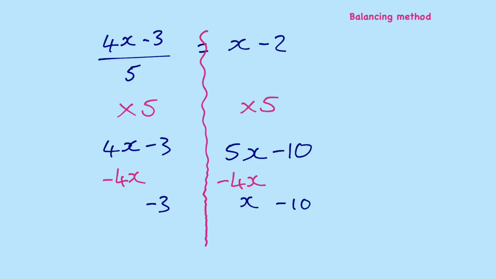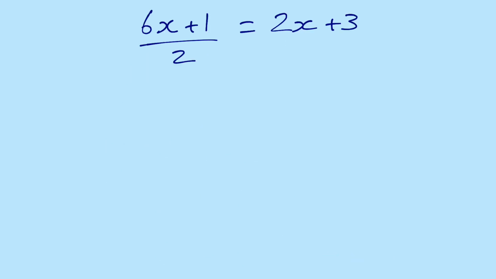The last step, I want to get rid of the number on the side of the remaining x term, which is minus 10. So to do that, I will add 10. And by adding 10 to both sides, that will leave me with 7 equals x, or I can say it as x equals 7.